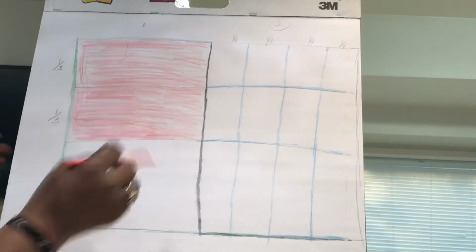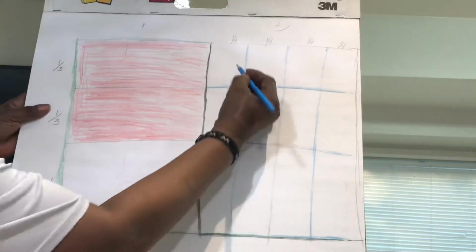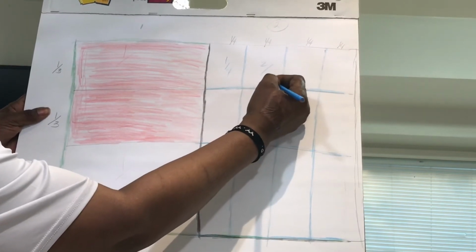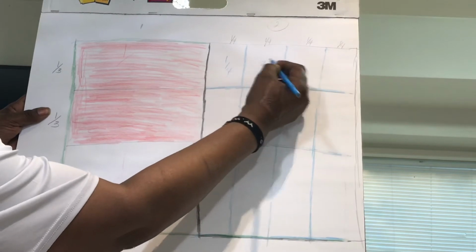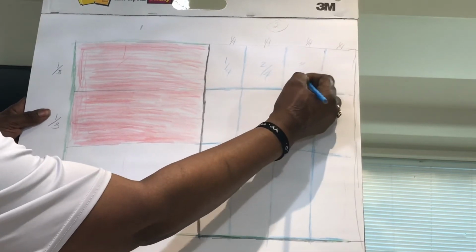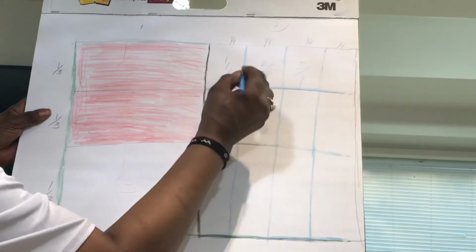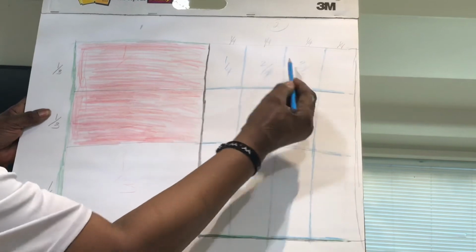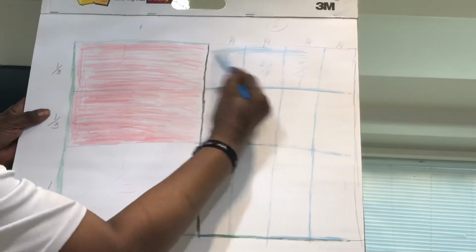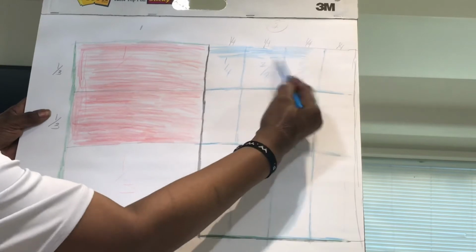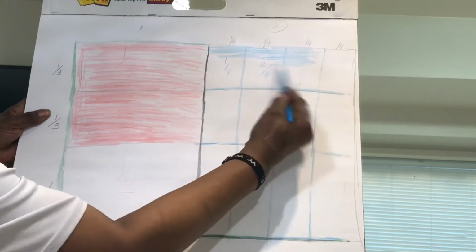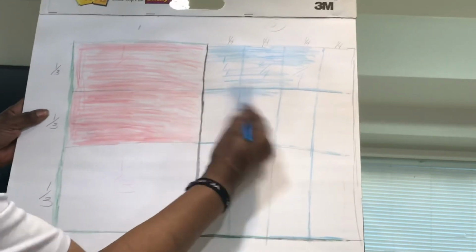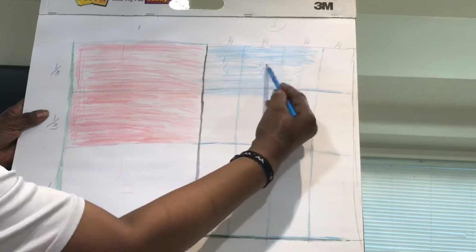So if I'm looking at 3/4, 1/4, 2/4, and another one makes 3/4. So these are my 4/4. This is the fourth one, but I only want to do 3 out of the 4: 1, 2, 3. But I want to do 2/3, so I'm going to do the one that's here as well.